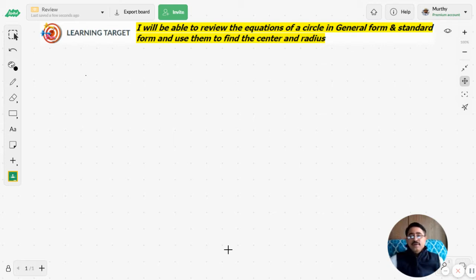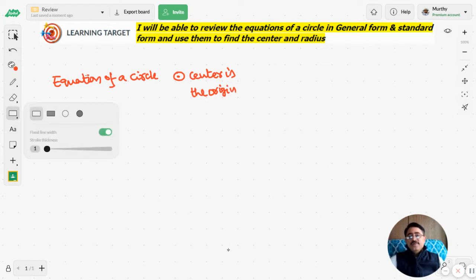Just a quick reminder, I want you to remember this part: the equation of a circle. There are two. One is if the center is the origin.